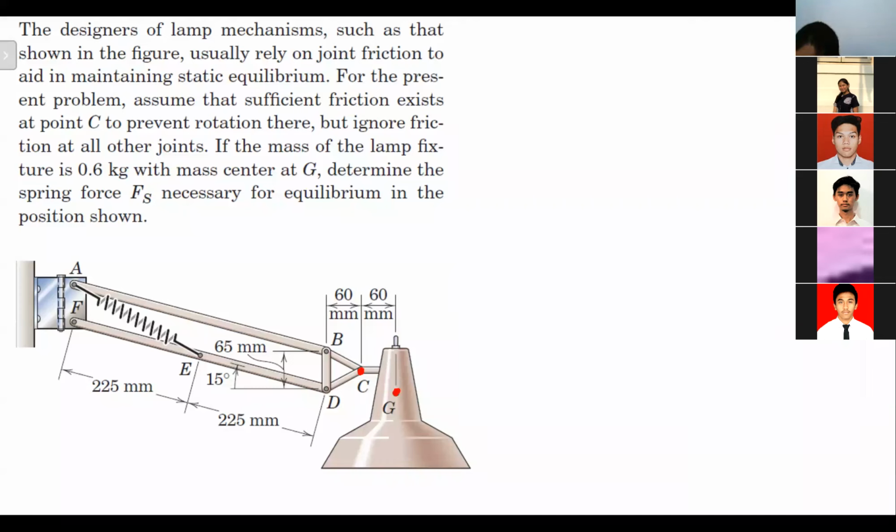BD, correct. BD is a two force member. AB is correct, a two force member as well. What else? BC and CD are in question, later I will discuss them. How about AE, the spring? Is it a two force member? Yes, of course. A spring can only be under tension or under compression, right? So AE is a two force member as well. So those three you have to treat as two force members.